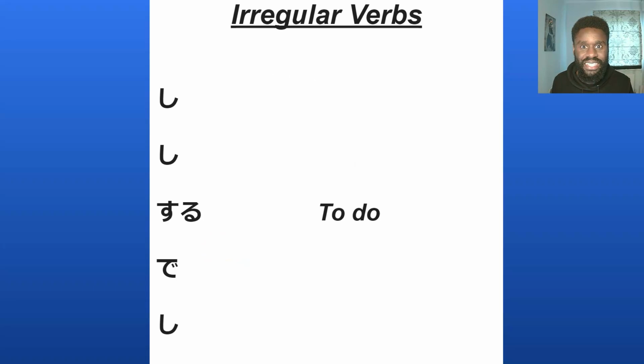And finally, for irregular verbs, to make the dictionary positive, we have the third row of the verb, which in this case is suru, to do. This is the positive dictionary form.